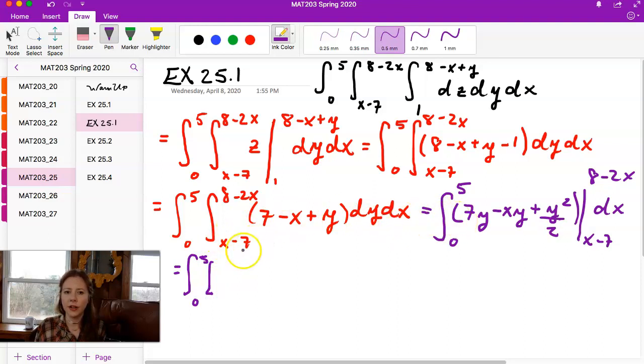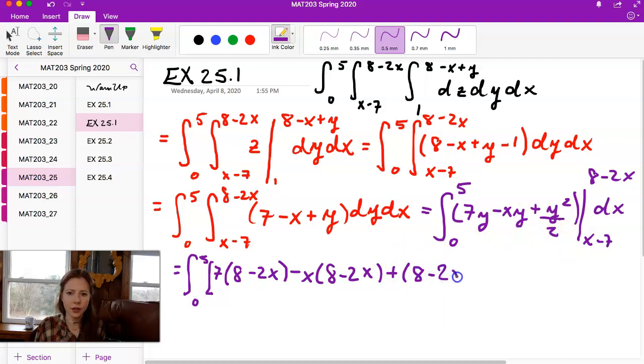We have our 7y, so it's going to be 7 times 8 minus 2x, minus x times 8 minus 2x, plus, now our y squared is going to be 8 minus 2x squared over 2.